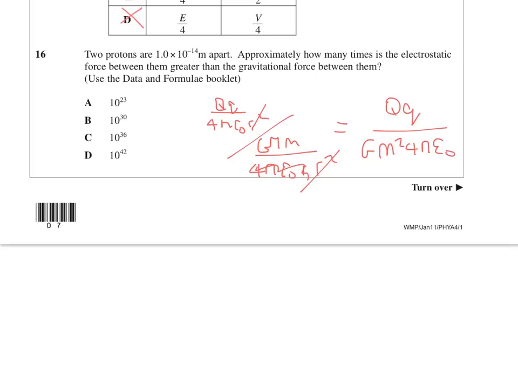So what do we have? Oh, sorry, we're doing the charges. So 1.6 times 10 to the minus 19 squared divided by 6.67 times 10 to the minus 11 times 1.67 times 10 to the power of minus 27 squared, all multiplied by 4 pi times 8.85 times 10 to the power of minus 12.